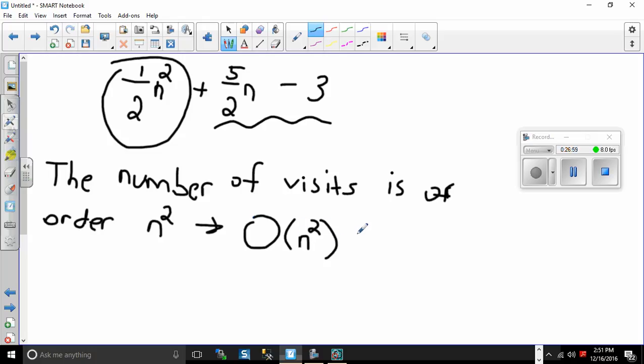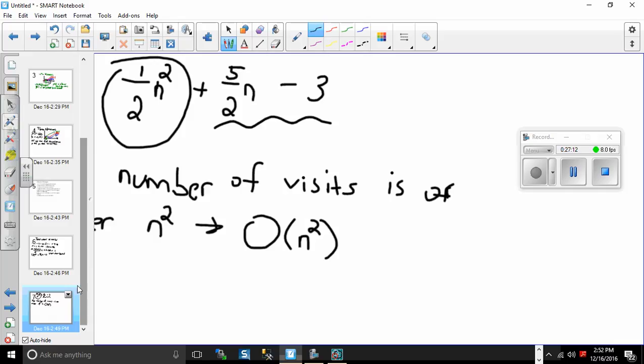So we say that this is big O n squared. What does this mean in terms of the performance of your algorithm? Here's the takeaway from all this theory.